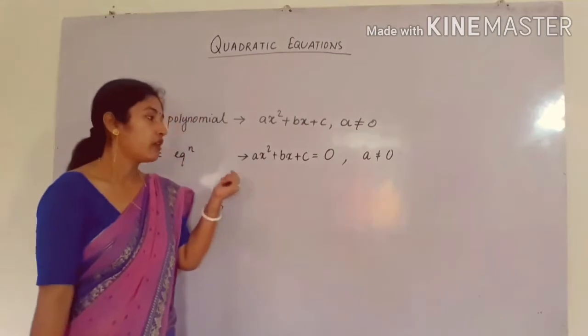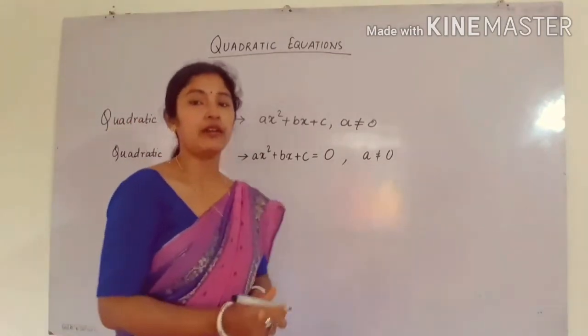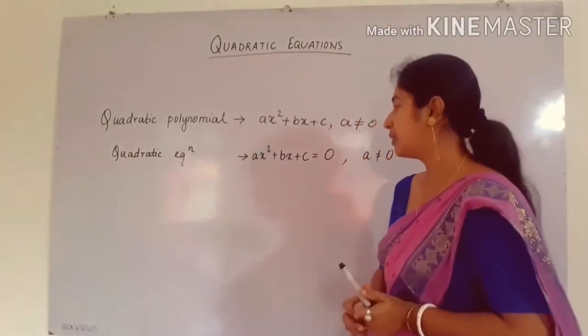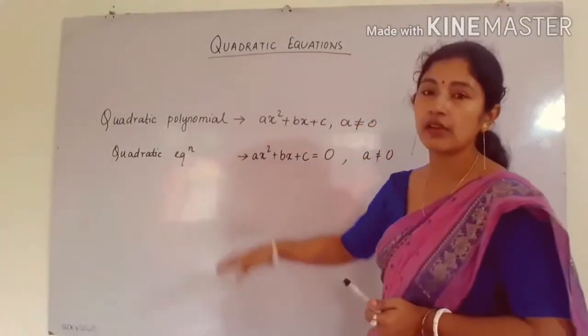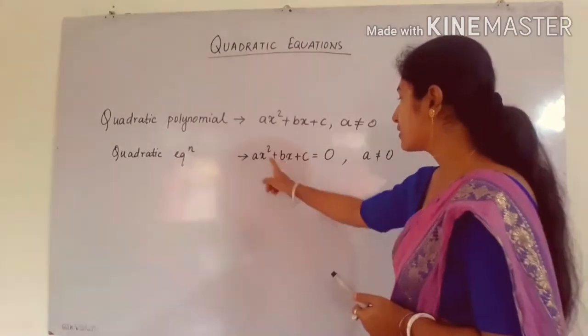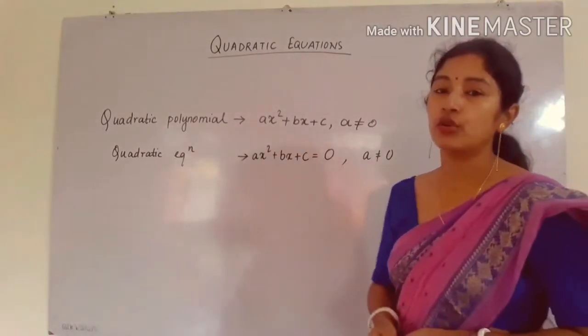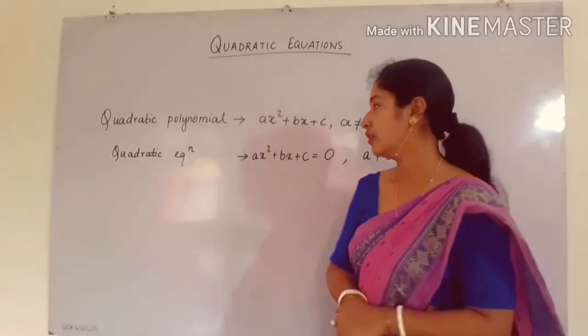That's why we have to write the condition properly that a is not equal to 0, and here the values of a, b, c are what? These are real numbers. Only there is a condition for a, that is a should not be equal to 0. So this is a quadratic equation.